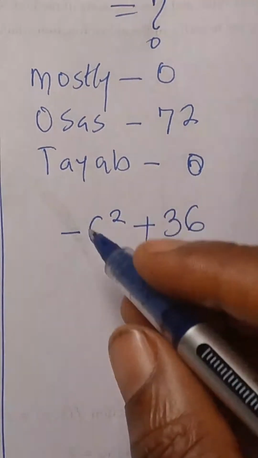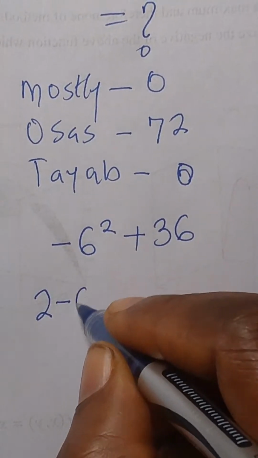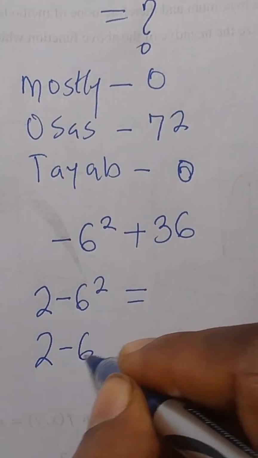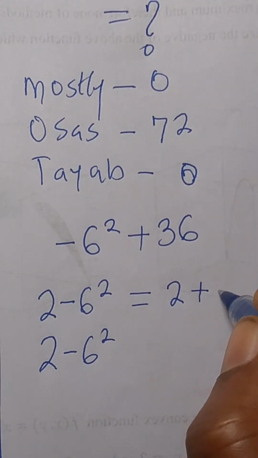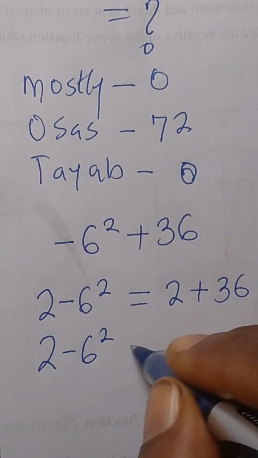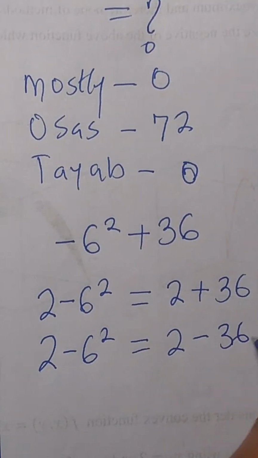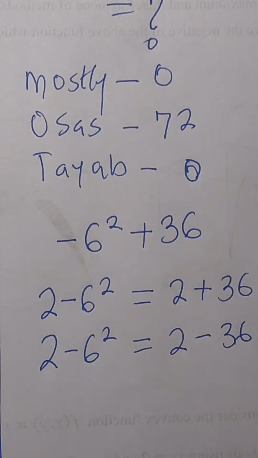All right. Now, if you have 2 minus 6 square, will you solve it as 2 plus 36, or will you solve it as 2 minus 36? If you're going to solve it as A, drop A in the comment section.